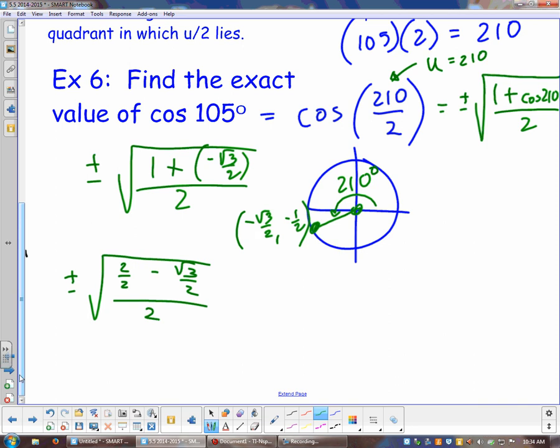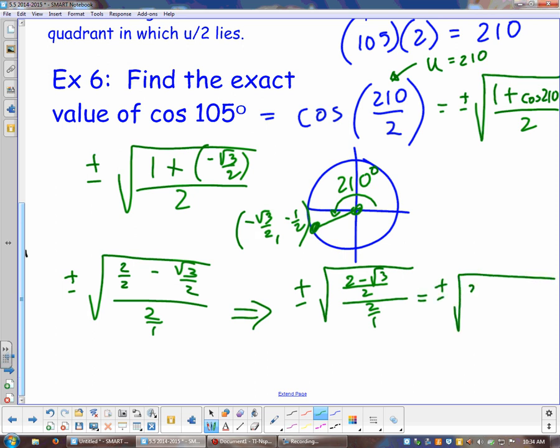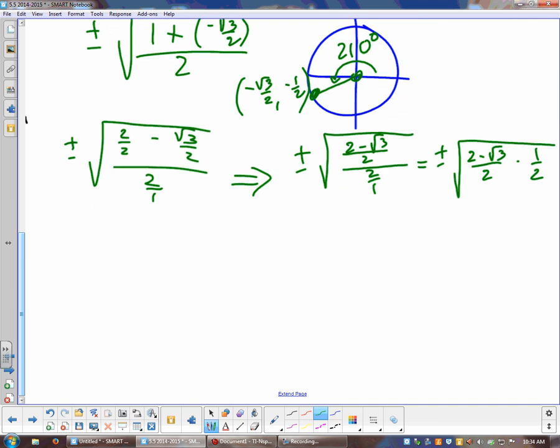So that's times 1/2. And so now I've got plus or minus square root of 2 minus square root of 3 over 4. And now the square root of 4 is just 2. So can I write it like this? Does that look okay?